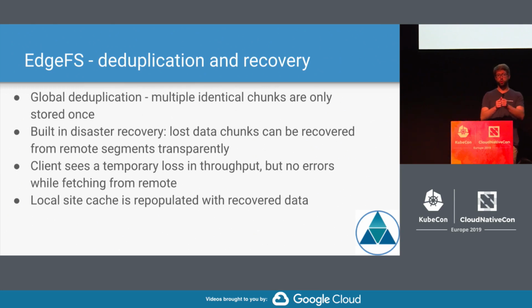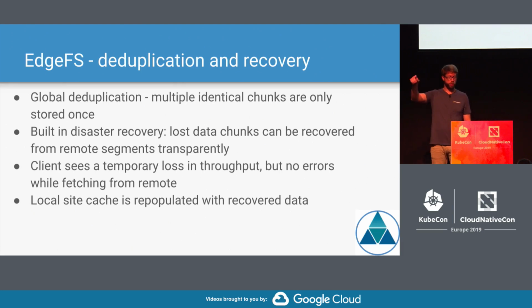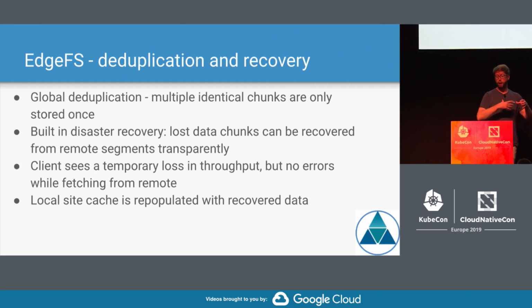So when they do a read for data that's not actually there locally, because you lost it, the hard drive is gone, whatever it may be, it can fetch it from one of the other globally distributed sites. There will be a little bit of loss in throughput necessarily, but you won't get an error on the client, you'll get that data back. And then your local cache gets repopulated with that data, recovering automatically from the data loss that we had.